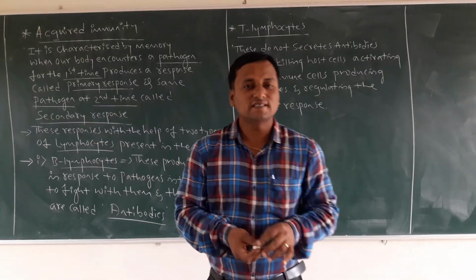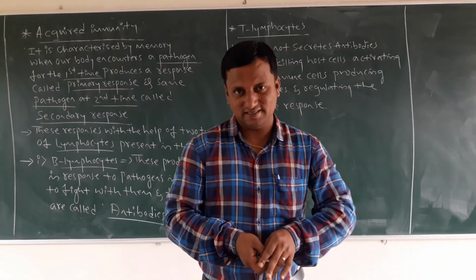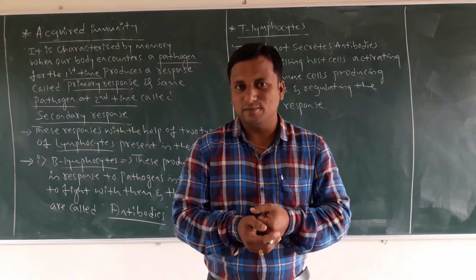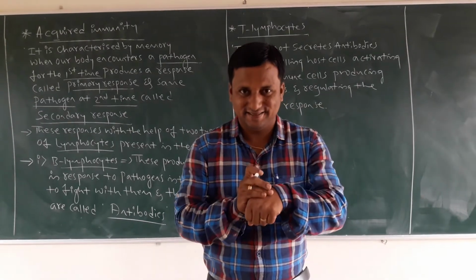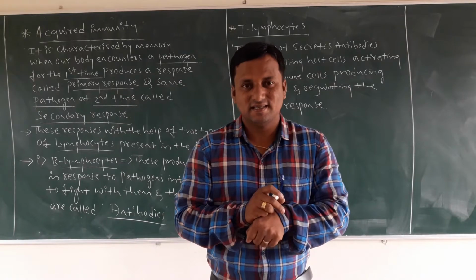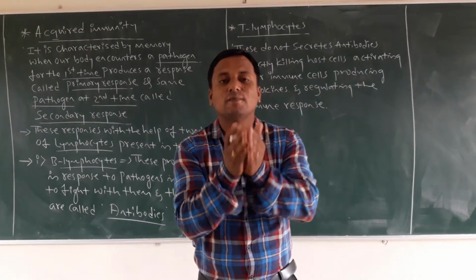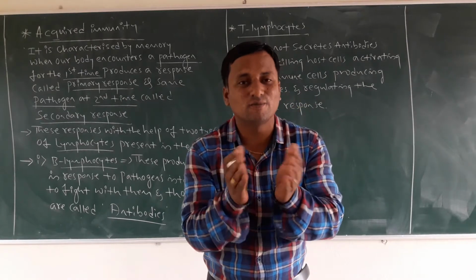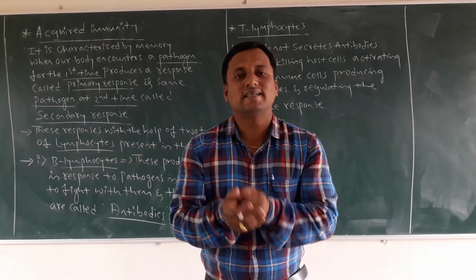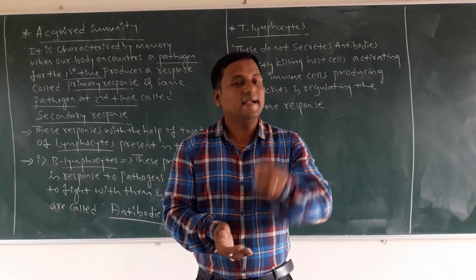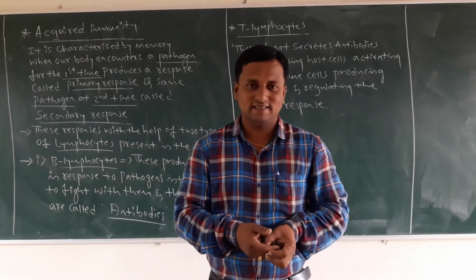The first type is called physical barriers. The best examples for physical barriers are skin, mucous layers, and epithelial cells, the layers present surrounding the organs or body. Those are called physical barriers. Next, physiological barriers.